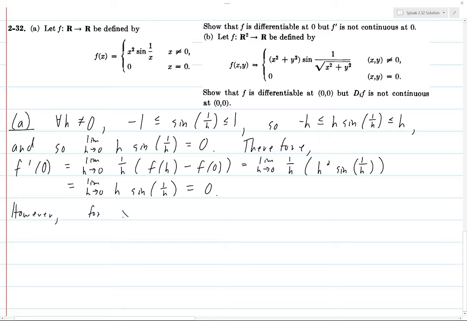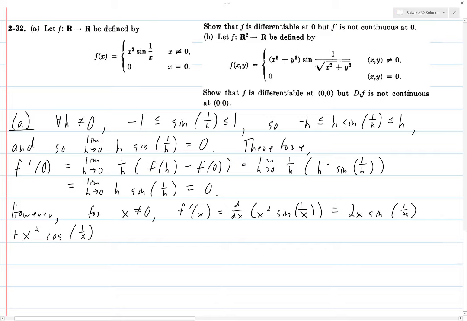However, if we take x not equal to 0, we can actually compute f prime of x, which is going to be the derivative with respect to x of x squared times sine of 1 over x. We just use the product rule: 2x times sine of 1 over x plus x squared cosine of 1 over x times, now we take the derivative of the inside by the chain rule.